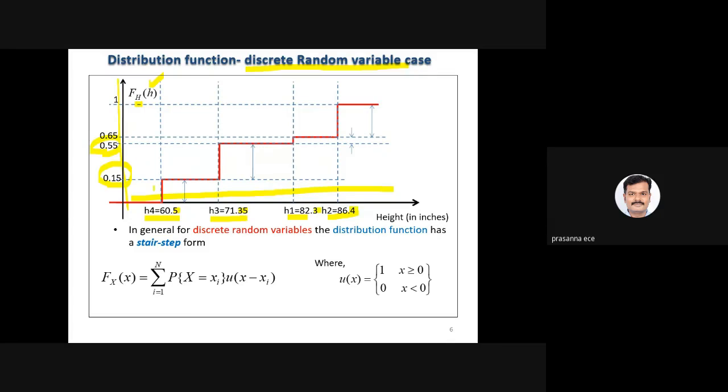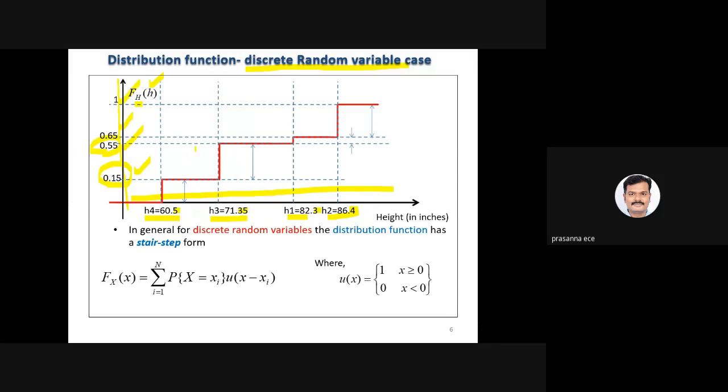Then we are saying that the probability of students with height less than 60 getting selected is 0.15. The probability of students with height less than 71 inches being selected is 0.55. These are the probabilities that we are denoting here.